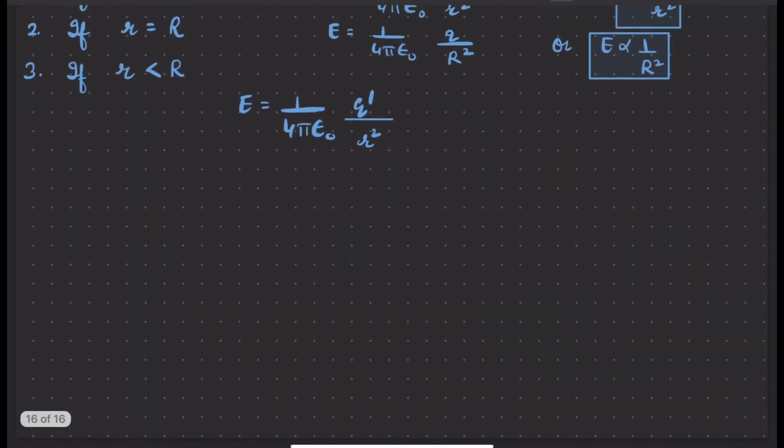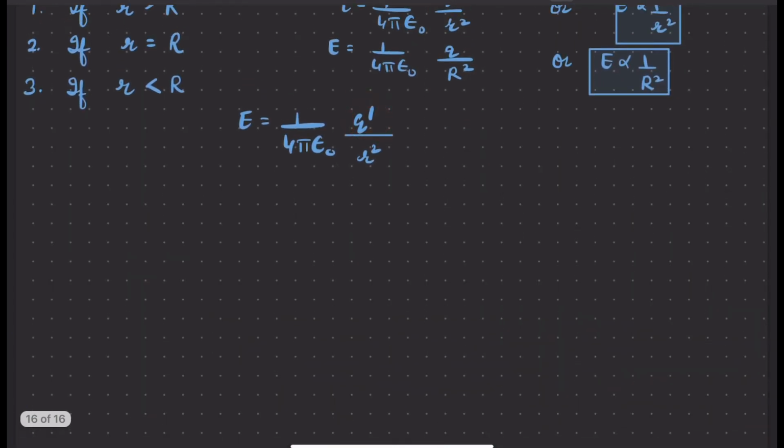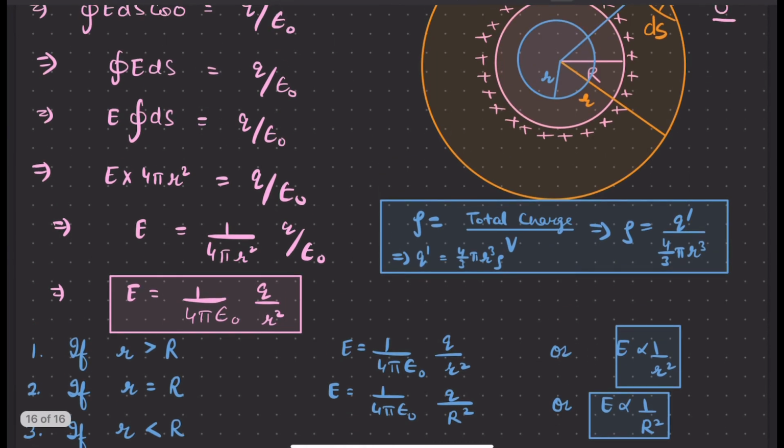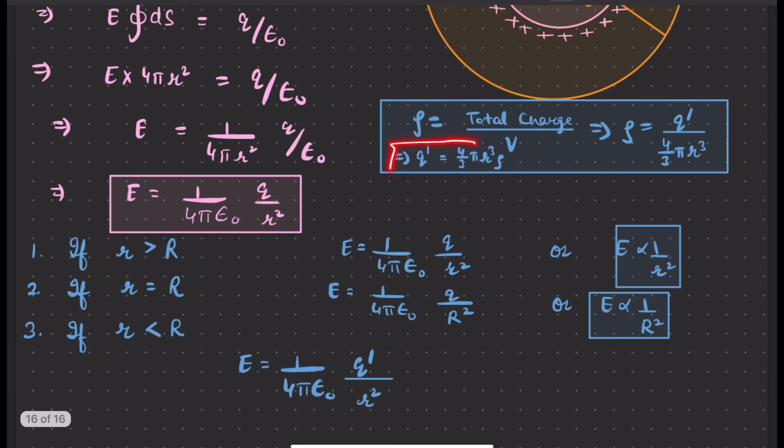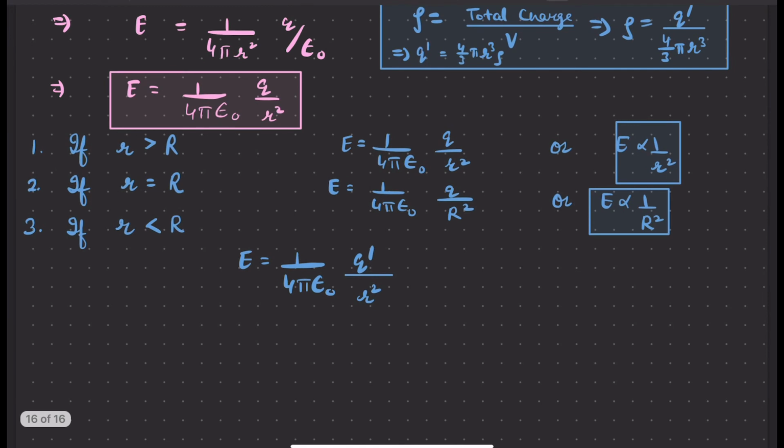So now I have substituted q dash instead of q, because my Gaussian sphere is of radius small r, and this small r is less than the total radius of the solid sphere. So this is the expression. We have already mentioned that q dash is equal to 4 by 3 pi r cube rho, and therefore we can write 1 upon 4 pi epsilon naught, substituting the value of q dash, 4 by 3 pi r cube rho divided by r square.